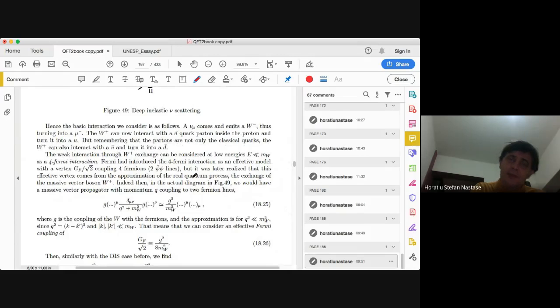So Fermi introduced this initially before the weak and then electroweak interactions were understood. So before it was understood that it's a particle of very high mass being exchanged.